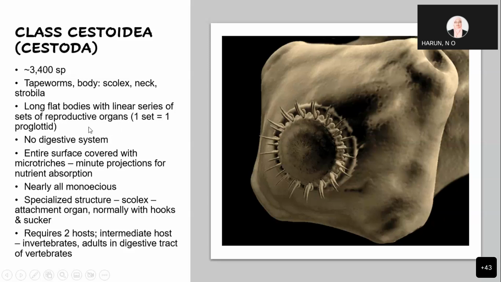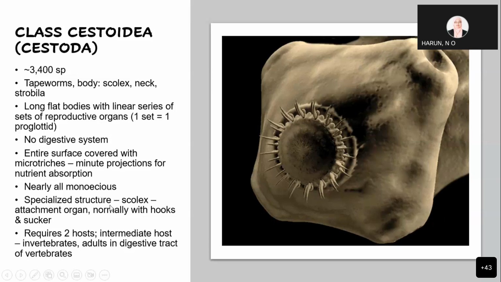Satu set ada satu proglottid. No digestive system. Entire surface covered with microtriches, iaitu minute projections for nutrient absorption. So dia akan microtriches, and then at minute projection, dia boleh dah dapat the nutrient yang dia perlukan.